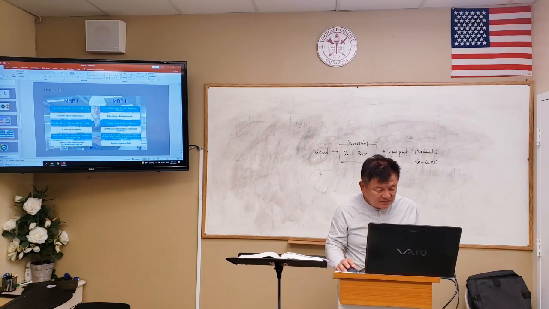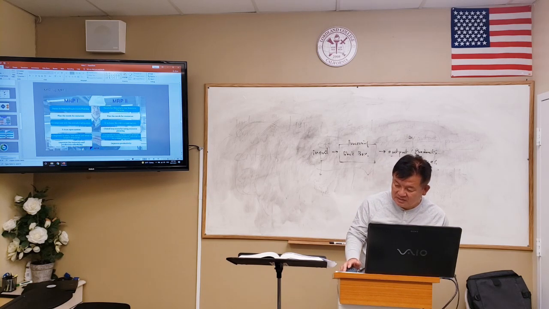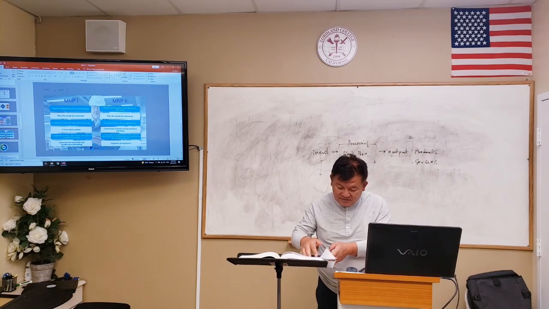MRP1 comprises only the manufacturing area, but MRP2 includes the entire organization. And MRP1 is an open system, but MRP2 is a closed loop manufacturing resources planning. It's a little bit different.